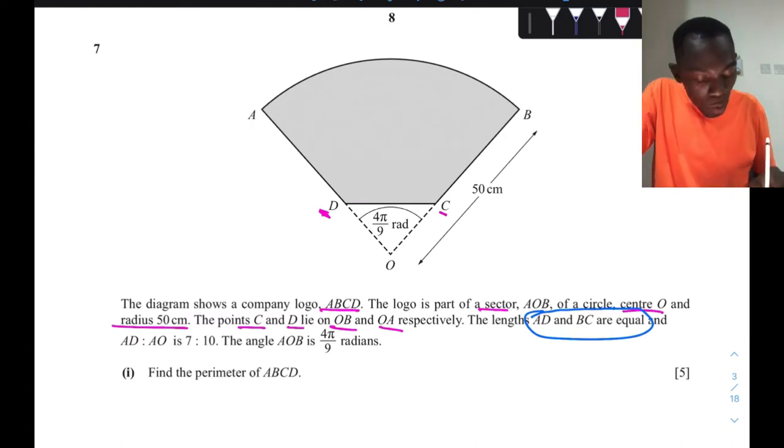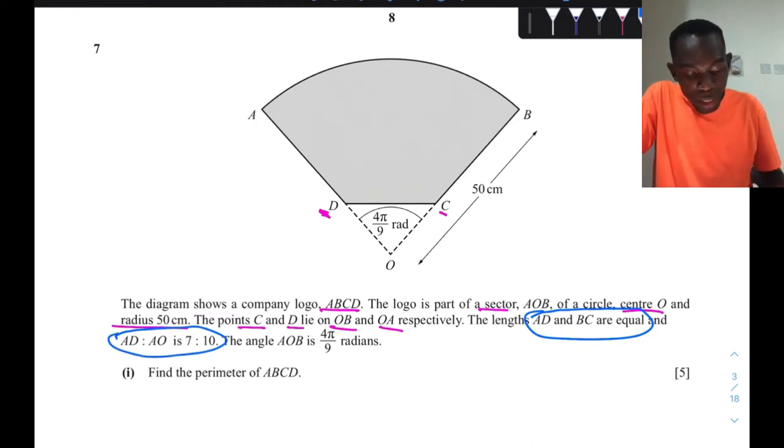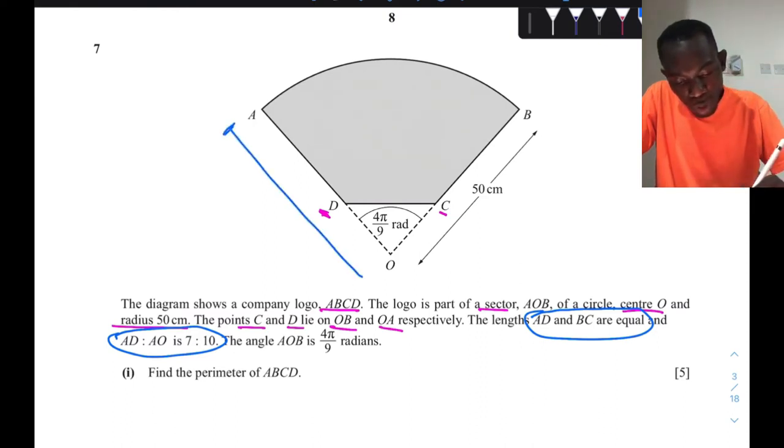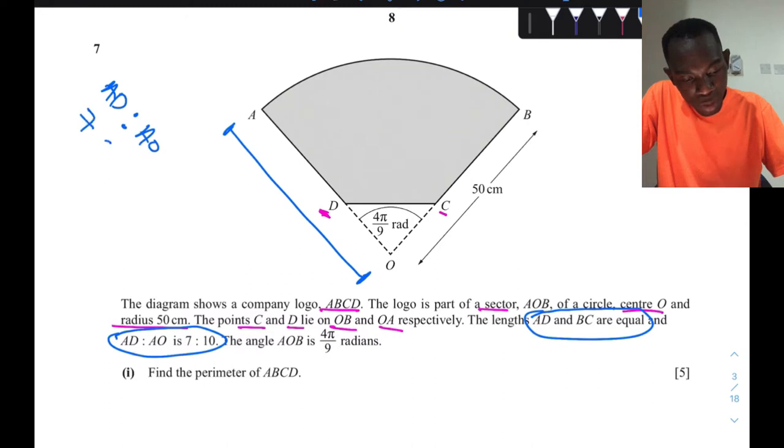Okay, now this is also very, very important. They are saying that the ratio of AD to AO is 7:10. Now let me explain what that means. Look at OA. OA is the entire thing, from here all the way to here. And they said that AD is to AO is 7:10, right?